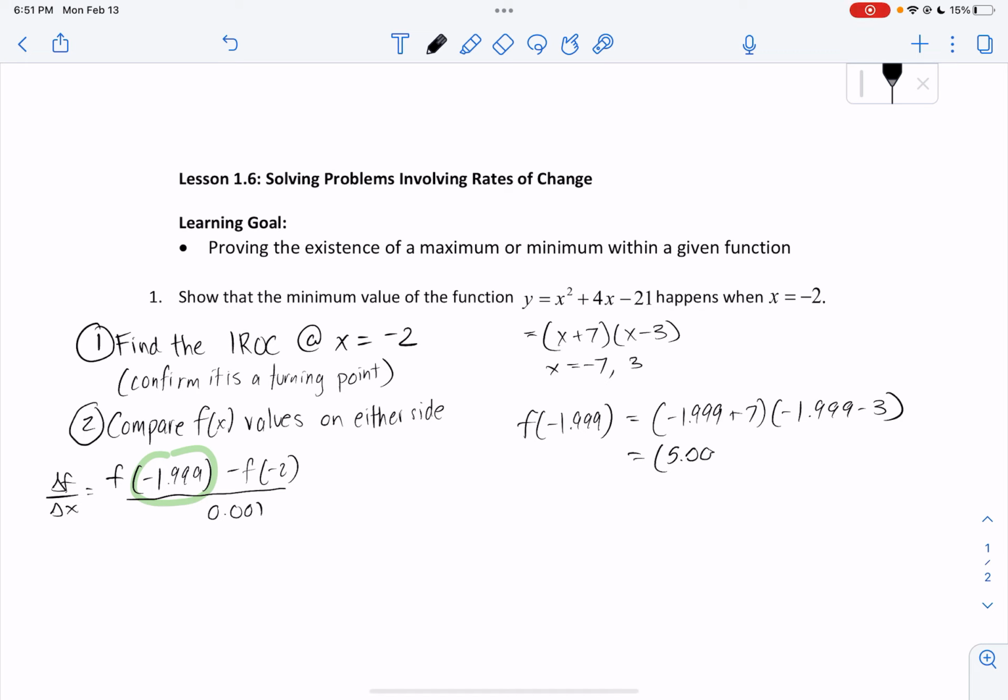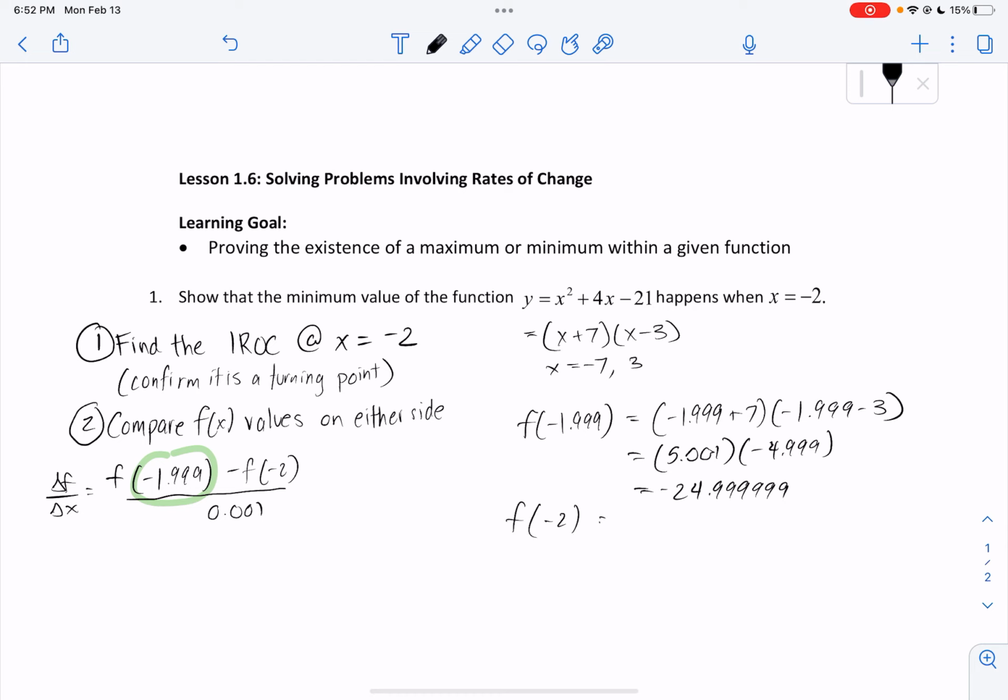This is 5.001 times negative 4.999. That's a pretty logical simplification to do, and now we can calculate this. So 5.001 times negative 4.999 gives you negative 24.999999.